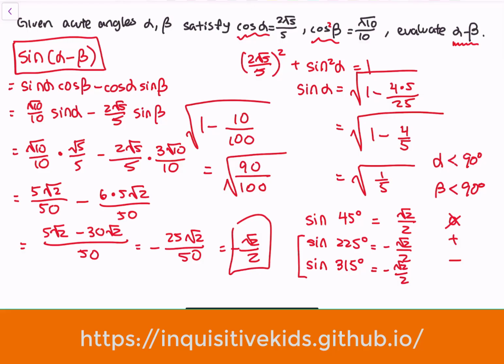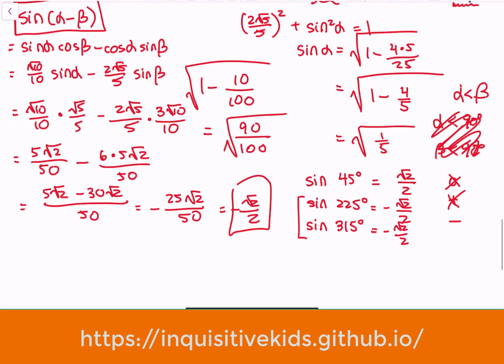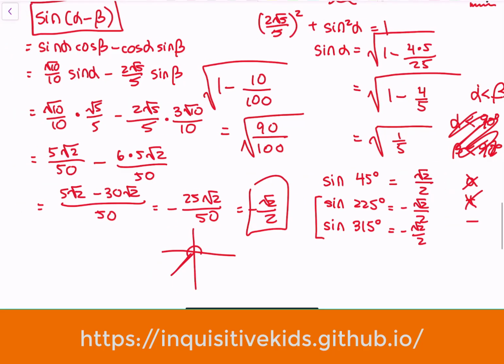And is it possible for the difference of two acute angles to be 225 or 315? No, it's too large, which means the difference of alpha and beta cannot be positive, which means that beta must be greater than alpha. And when we subtract beta from alpha, we're getting a negative angle. So 225 degrees, we can actually rewrite as a negative angle.